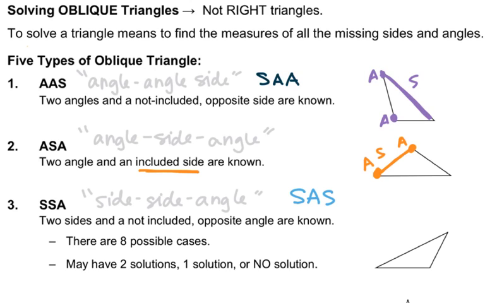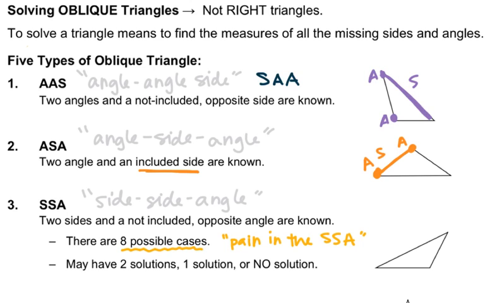You see how A, the angle, is between the sides? Here, this is SSA. And SSA, this is the one that's a super pain because there are 8 possible cases. I like to say pain in the SSA. All right. And we'll look at all those 8 cases in a little bit. But right now we're just identifying the types of triangles.